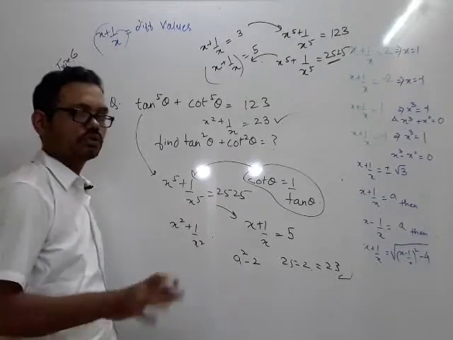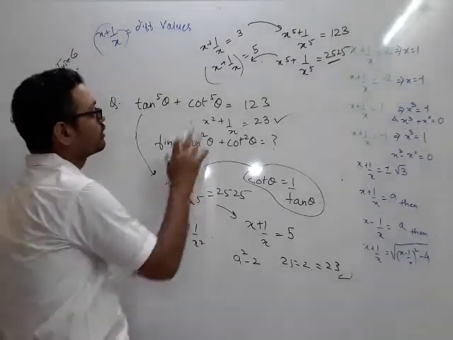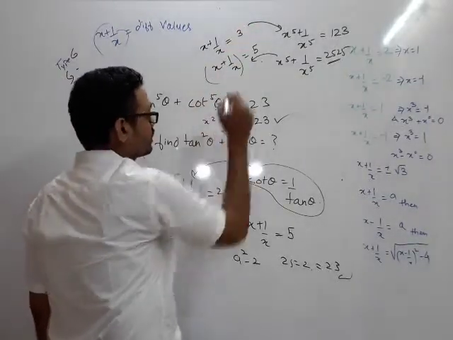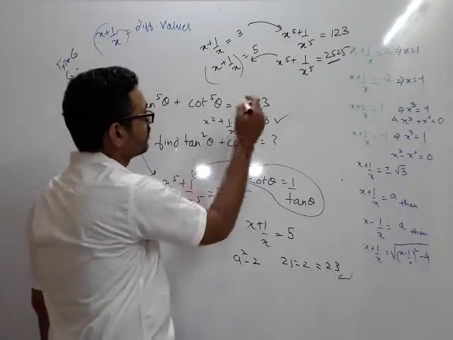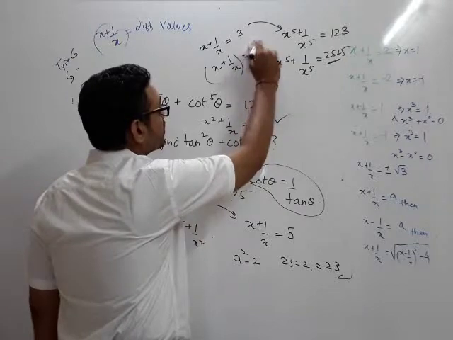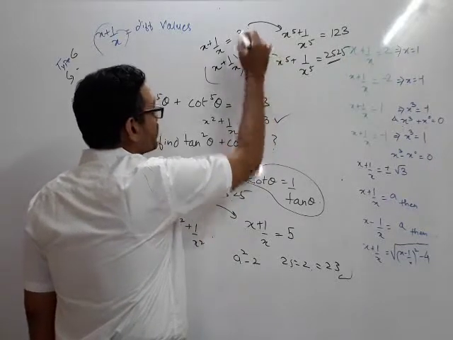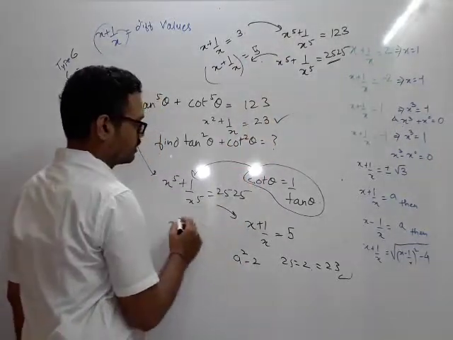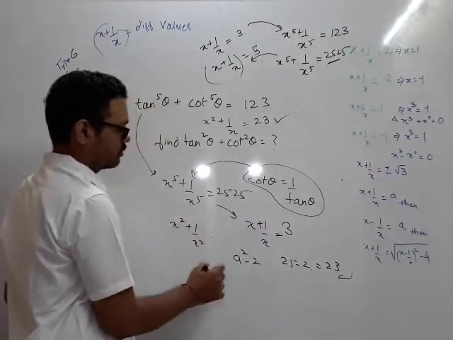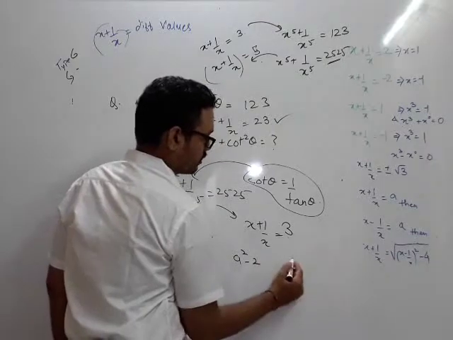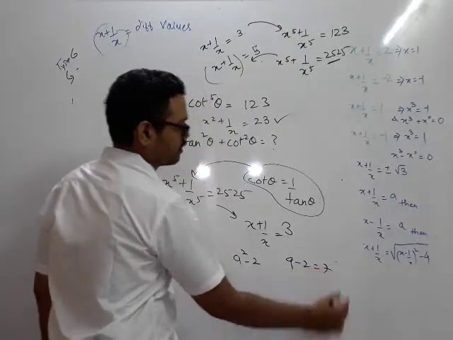There is no other way possible until you remember that this comes when x plus 1 by x is 3. So x plus 1 by x is 3, and x square plus 1 by x square will be 9 minus 2, which is 7.